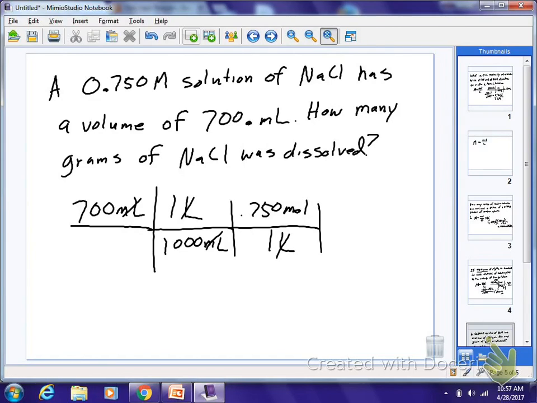I got moles. So I'm using the molarity as a conversion in a setup. I'm going to keep going. For every 1 mole, I have 58.44 grams. I'm done. I don't do separate setups. Whatever you're comfortable with, you can use molarity as a conversion ratio to get your answer. And I get my answer in grams, the same answer as what you come up with: 30.7.